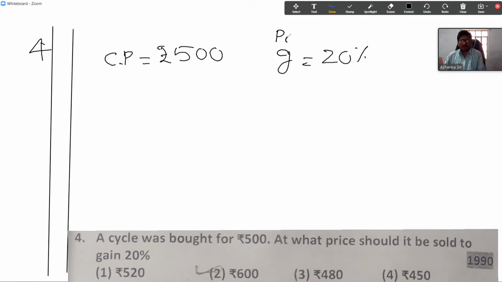Gain or profit 20%. If we are given the cost price and the gain percent, we can find the selling price.